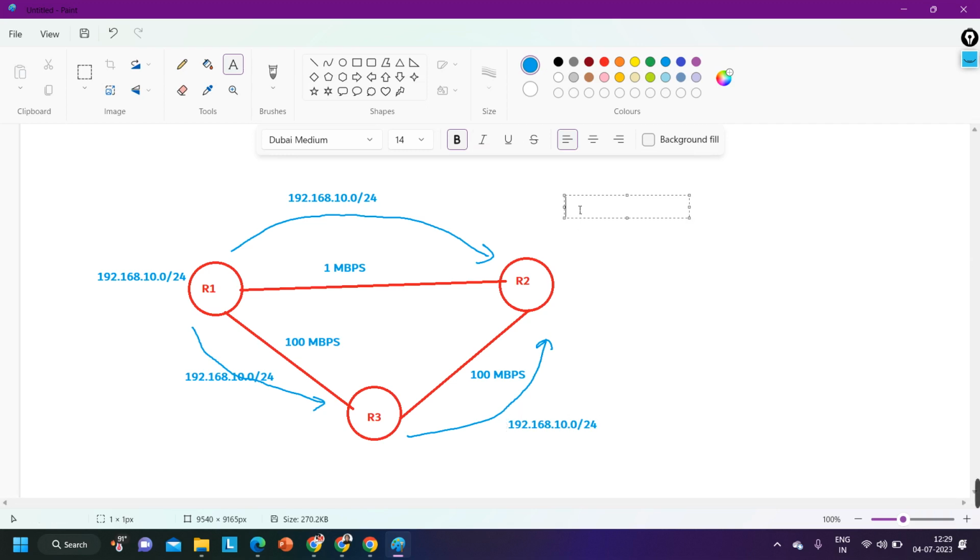Yes. Here also it is receiving 192.168.10.0/24 via which router? R1, and it is receiving the same network information via R3. 192.168.10.0/24 via R3.